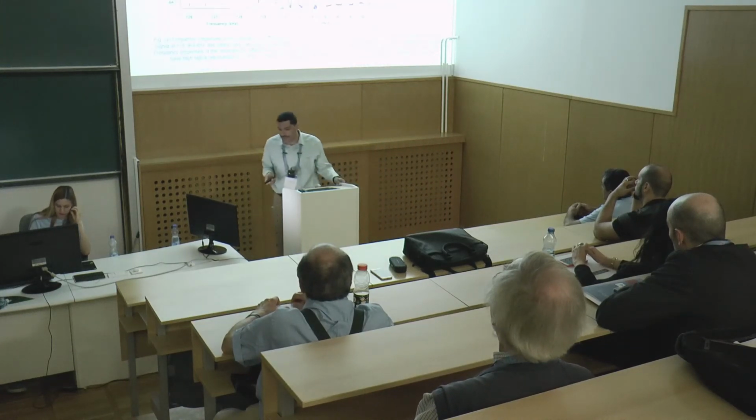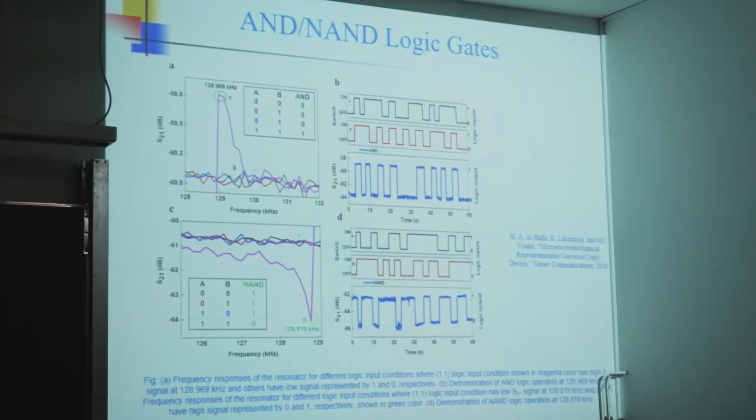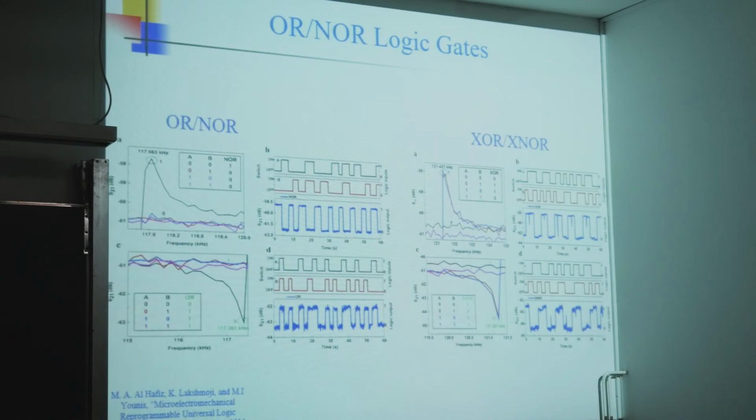So it's really a trivial idea. So this is the AND gate realization, and this is the signal. You put switch A on, switch B on, and then you see the high signal. If they are off, you see nothing. If one of them is off, I think you see nothing. There is no time to go through details. And you can get all kinds of logics, XOR and NOR.